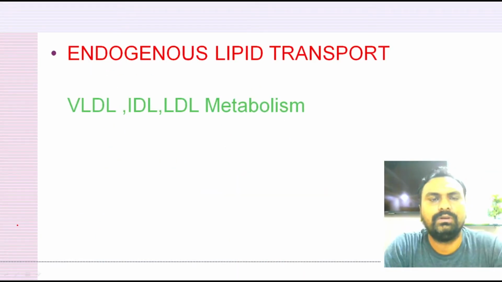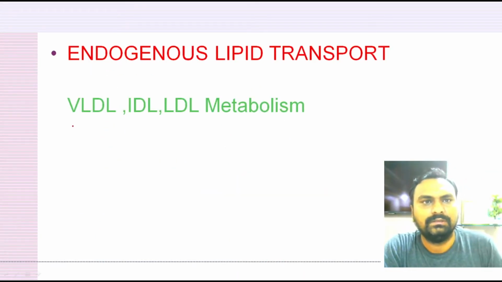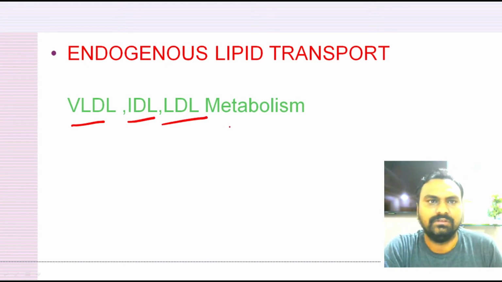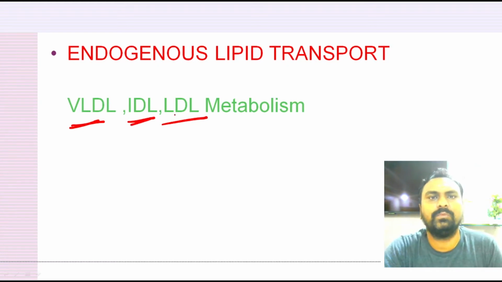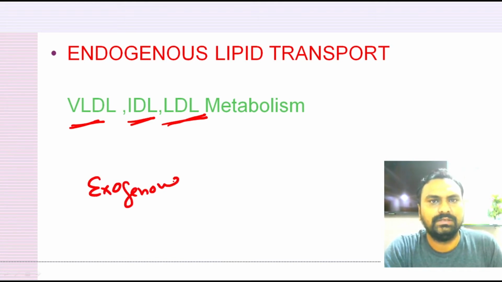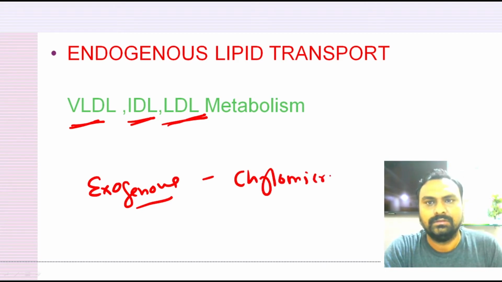Now I am going to talk about endogenous lipid transport, that is VLDL, IDL and LDL metabolism. VLDL is very low density lipoprotein, IDL is intermediate density lipoprotein and LDL is low density lipoprotein. Exogenous lipid transport is mediated by the chylomicrons.